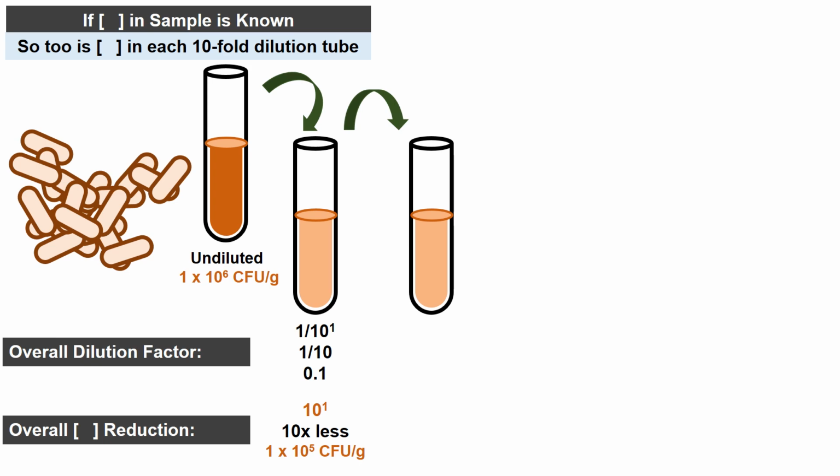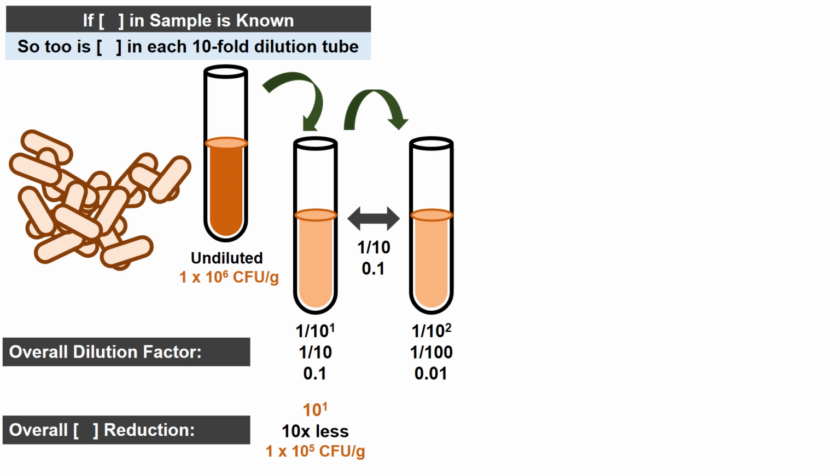If we do another mil into another 9 mils, let's remind ourselves, how far apart are those? If you said a tenth or 0.1 apart, you are correct. The overall dilution factor, meaning, again, from the original sample, is now 1 over 10 to the second. This is our 10 to the second dilution.